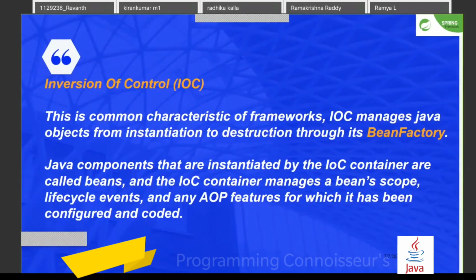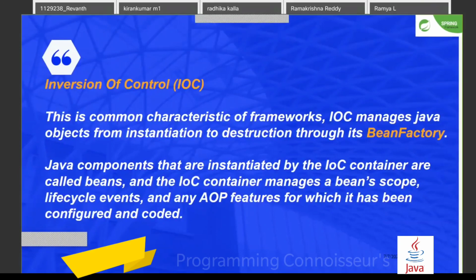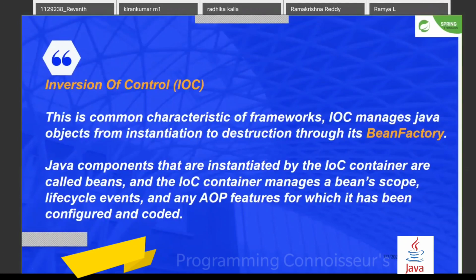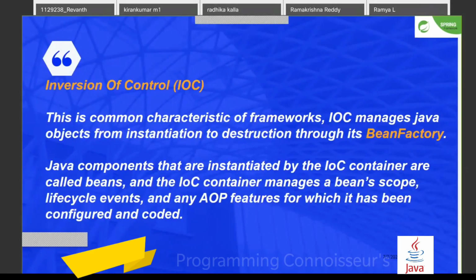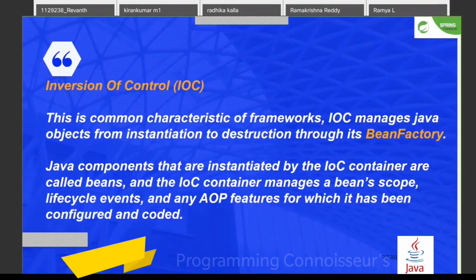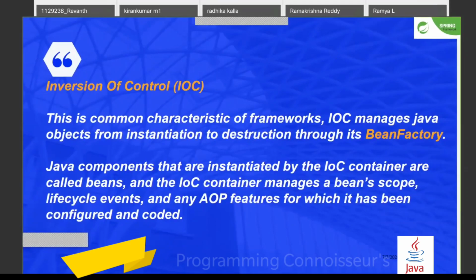Who manages the scope of a bean? The IOC container, the Spring IOC container, and any AOP features like @Around that we saw. These are managed by our IOC container, which manages the object from instantiation to destruction.